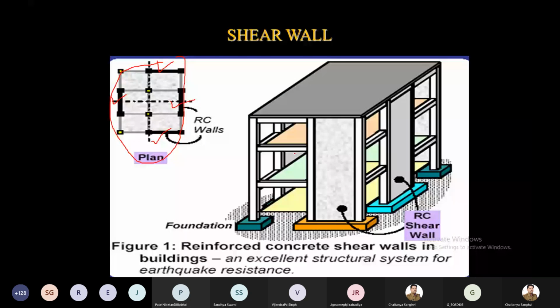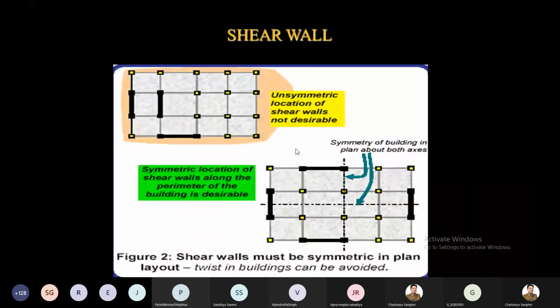Otherwise, if you are not placing the shear wall symmetrically, then torsion will come into the picture. And we'll see what will happen if it is placed unsymmetrically. This type of thing is not desirable, unsymmetrical location of the shear wall, because it introduces torsion.